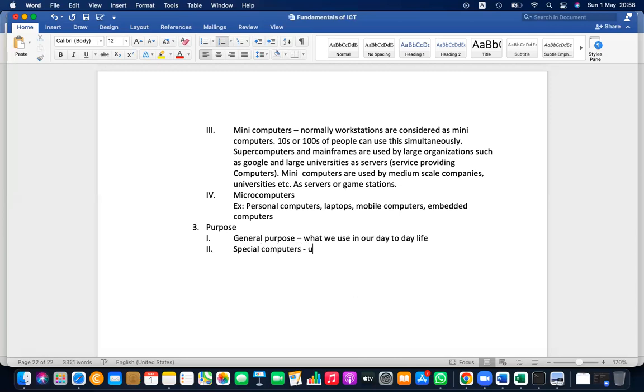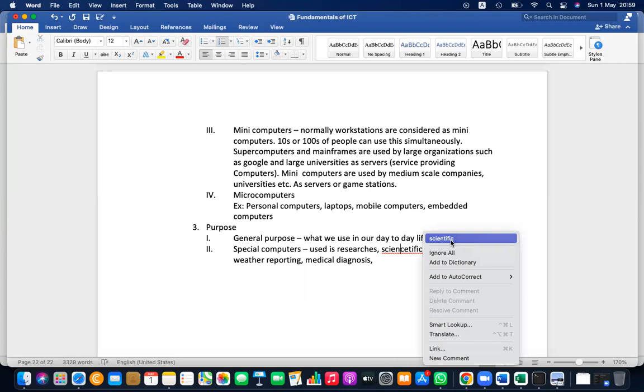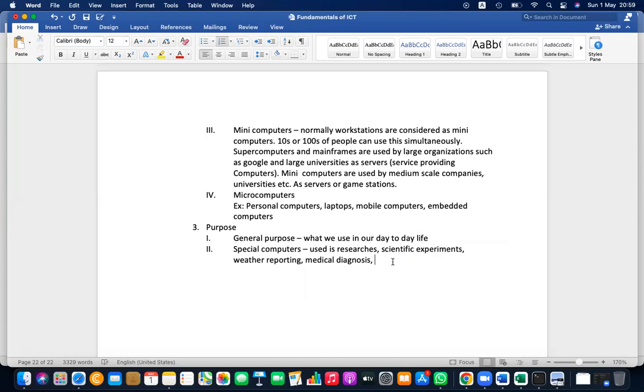These are used in research, and not just in research, can be for scientific experiments, weather reporting, and medical diagnosis, for medical usage. So likewise, these are the special computers.